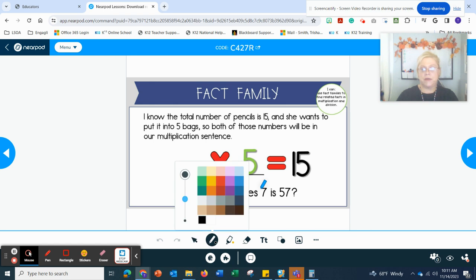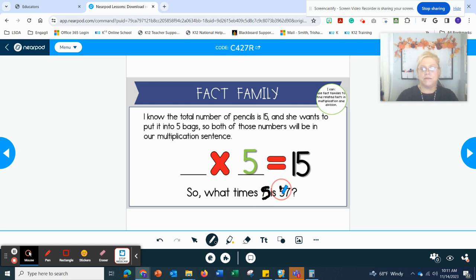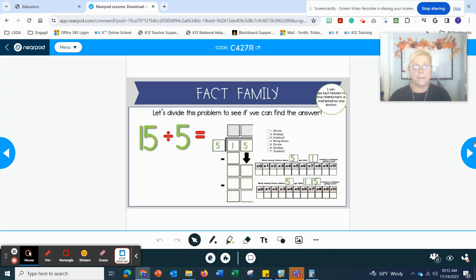So what times 5 is 15? All right, let's work it out.